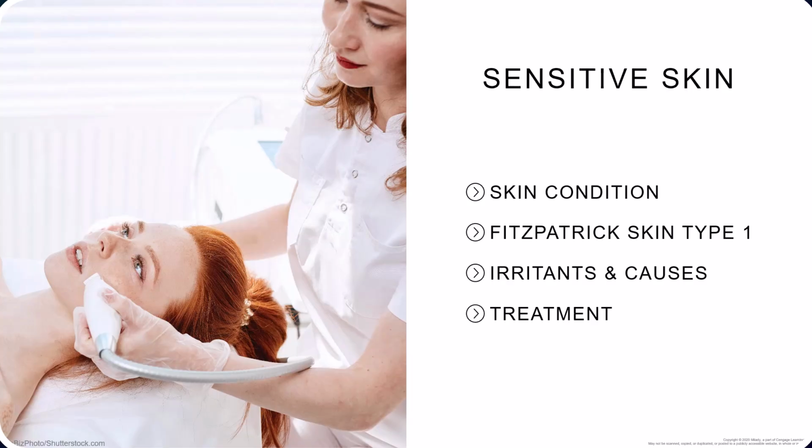Clients who are Fitzpatrick skin type number 1 that have a heritage that's more Northern European typically have the fairer, lighter colored skin that's thinner and more sensitive, but individuals who are multicultural can also be sensitive without the visible redness. Sensitive skin is also easily irritated by products or exposure to heat or the sun.